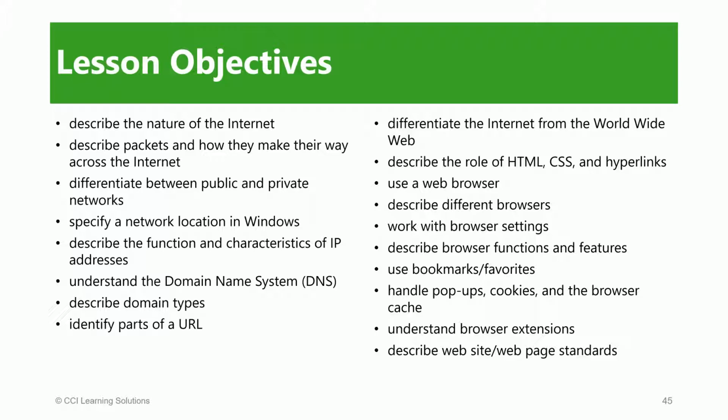Use a web browser, describe different browsers, work with browser settings, describe browser functions and features, use bookmarks and favorites, handling pop-ups, cookies, and the browser cache, understanding browser extensions, and describing website or web page standards.